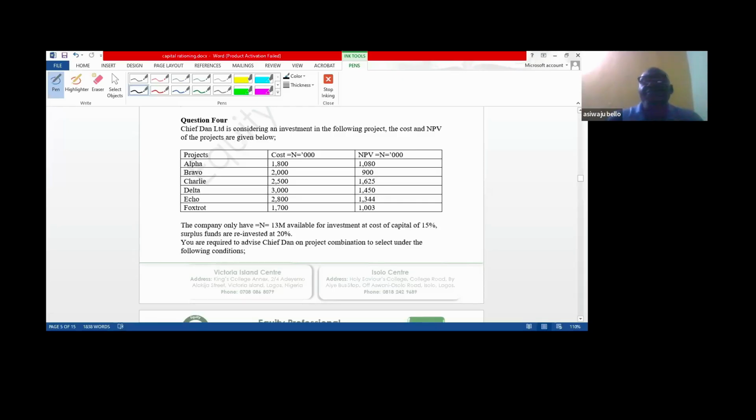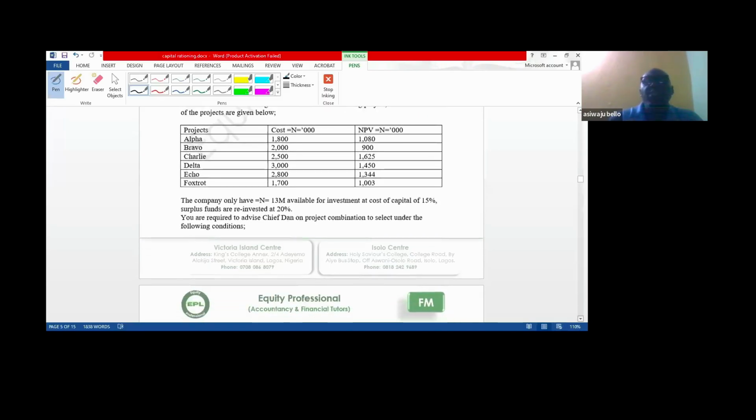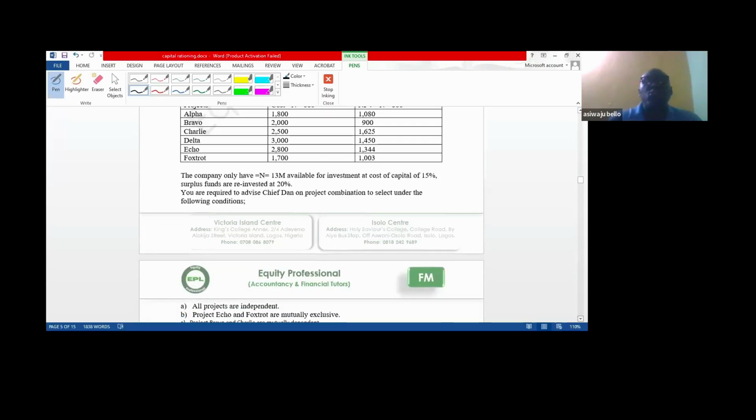You are required to advise Chief Dan on the project combination to select under the following conditions. 1, all projects are independent. Project Alpha is independent of Project Bravo.